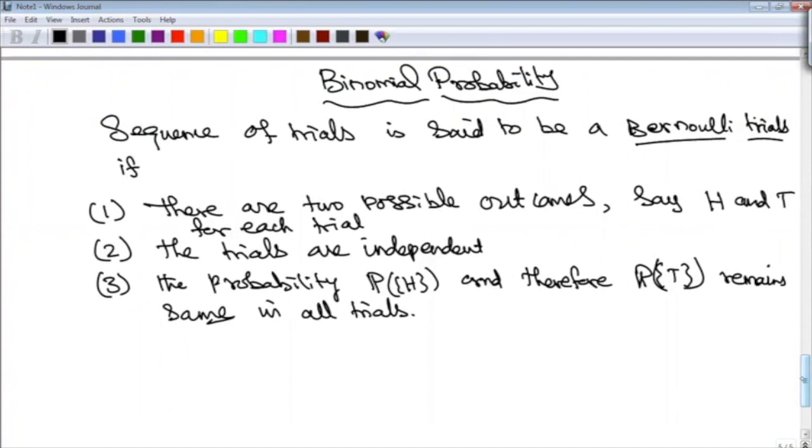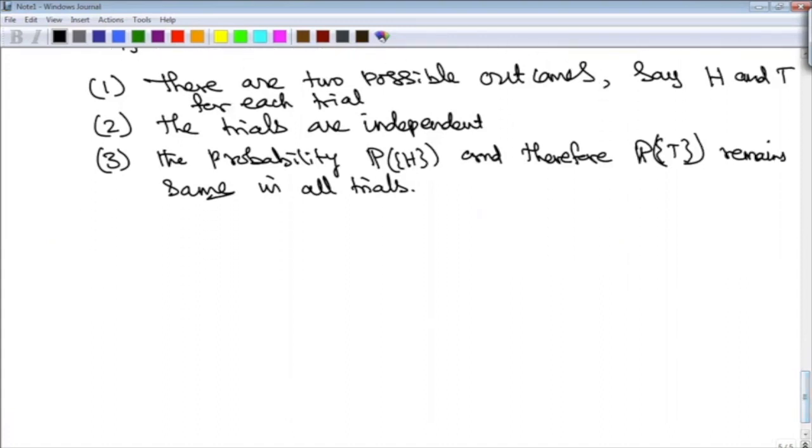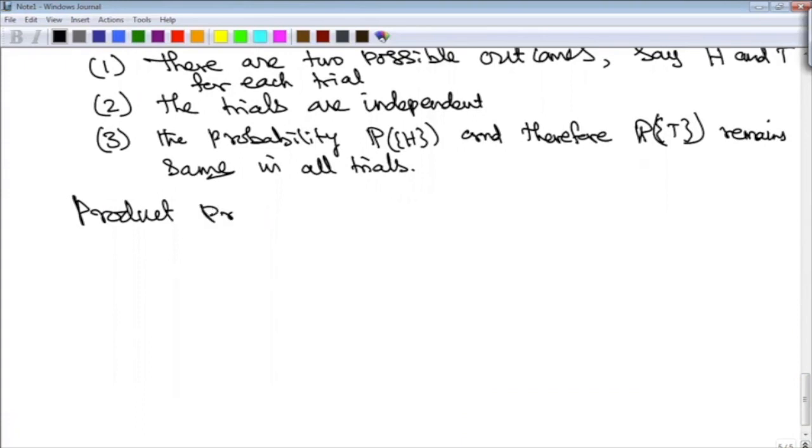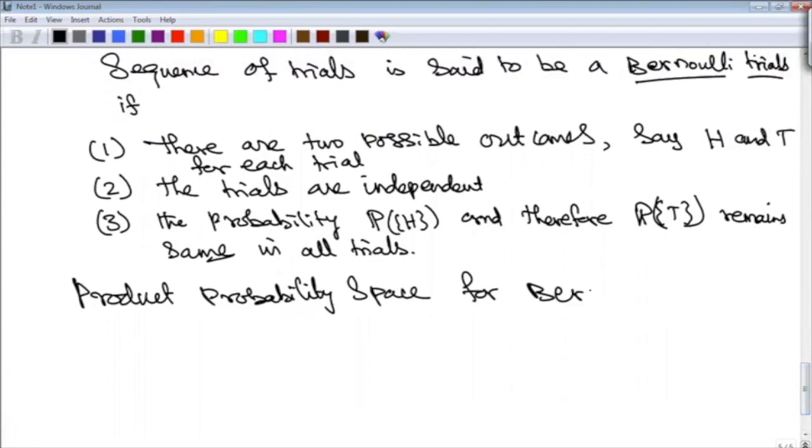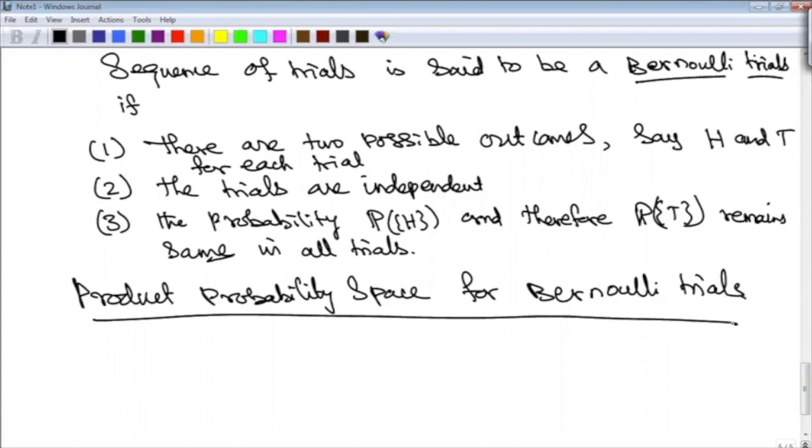Okay, let's try to construct a product space for the Bernoulli trials.